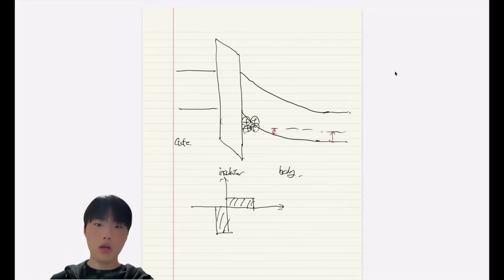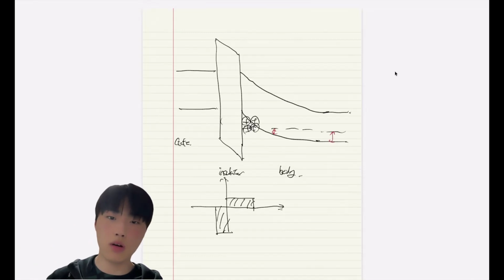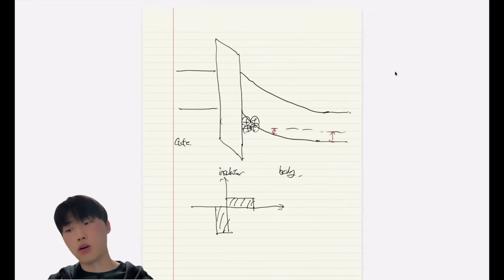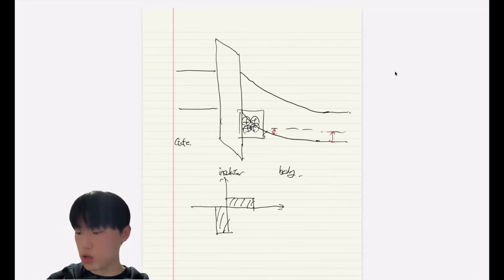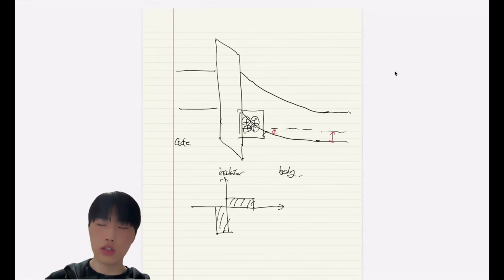The right side of the graph is the body part, and the left part of the graph is the gate side. The gate has some metallic characteristics, so it has some minus charge on it. But holes are accumulating, so the charge density is on the positive side.